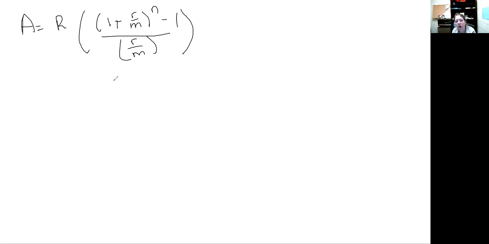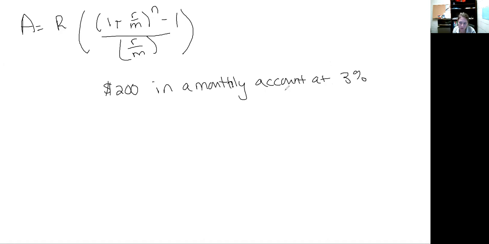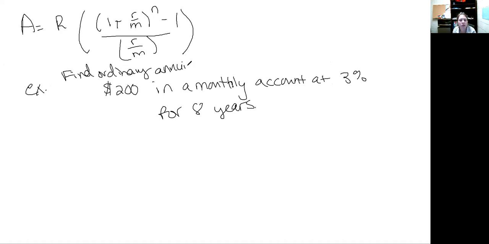So let's say we want to find the amount of an ordinary annuity given that we have $200 in a monthly account at 3% for 8 years. Okay, we want to find the ordinary annuity.